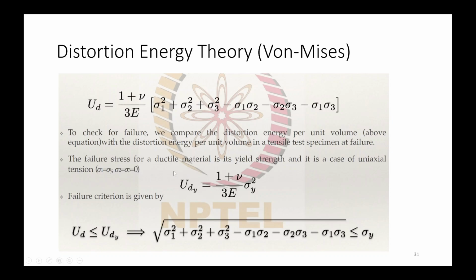So we can write it for uniaxial as (1 plus mu) divided by 3E times sigma y square. Now when we compare this equation with the initial equation, we can say that the square root of sigma 1 square plus sigma 2 square plus sigma 3 square minus sigma 1 sigma 2 minus sigma 2 sigma 3 minus sigma 1 sigma 3 should be less than sigma y. This is your von Mises criteria.